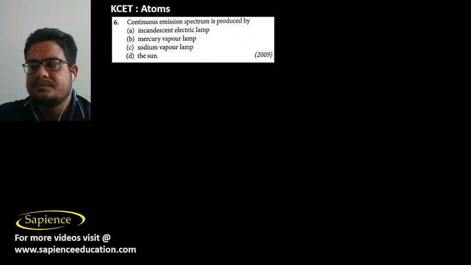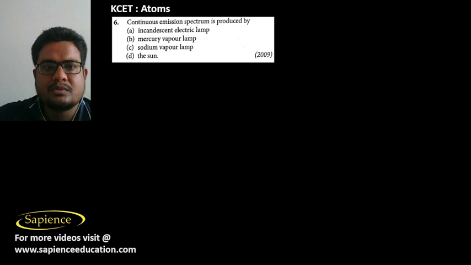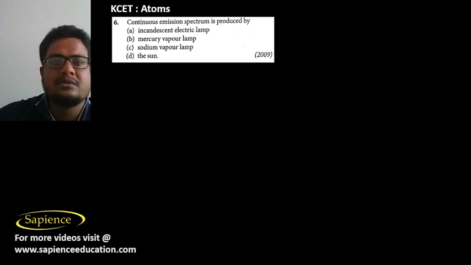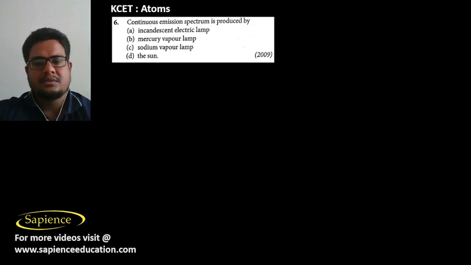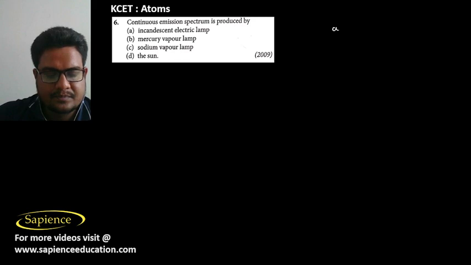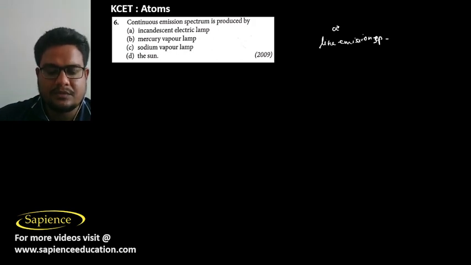Then question number 6 says continuous emission spectrum is produced by an incandescent electric lamp, mercury vapor lamp, sodium vapor lamp, or the sun. Here the continuous emission spectrum is produced by an incandescent electric lamp, since the mercury vapor lamp, sodium vapor lamp, and the sun will all give line emission spectrum.